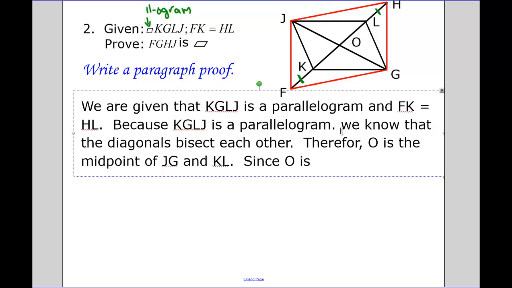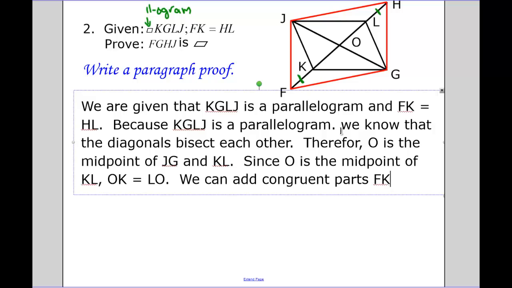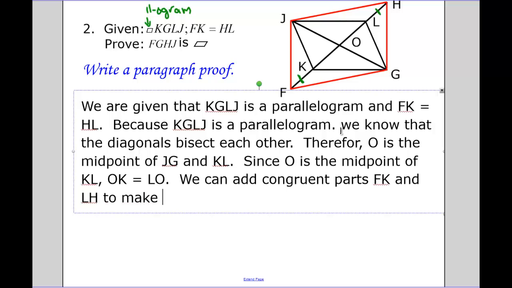Since O is the midpoint of KL, OK is going to be equal to LO. We can add congruent parts FK and LH to make OF congruent to OH.